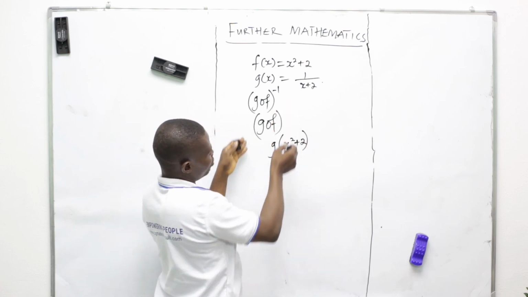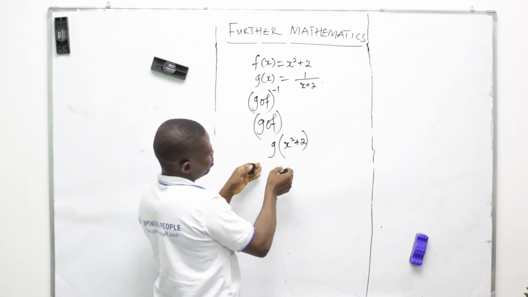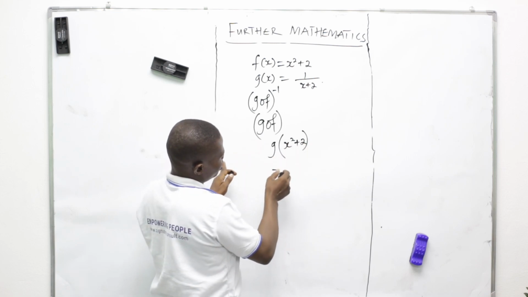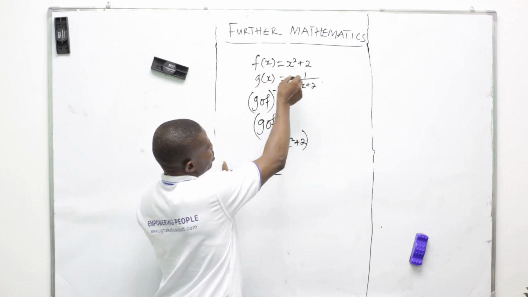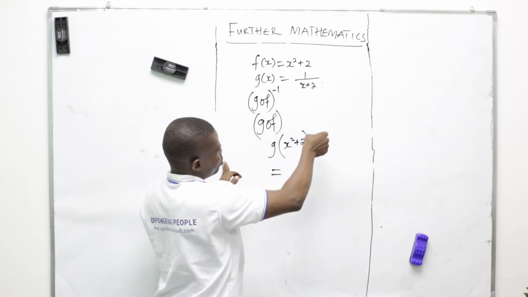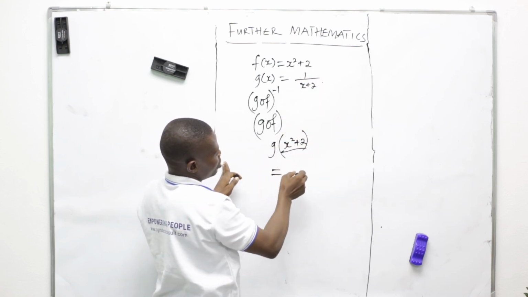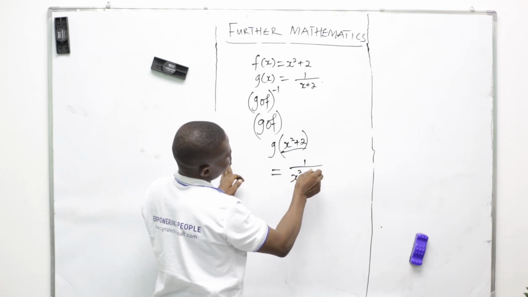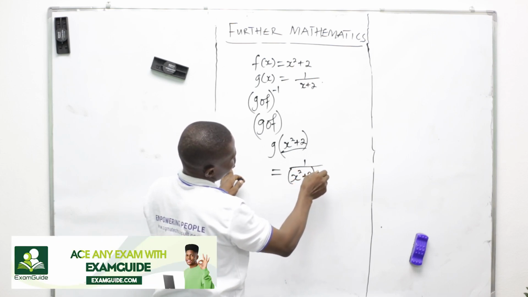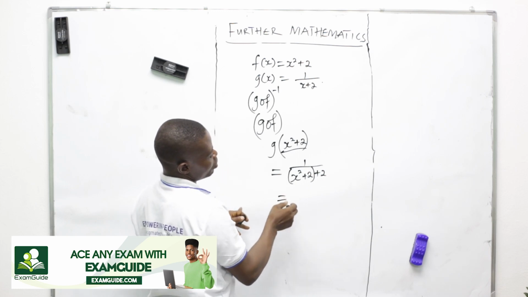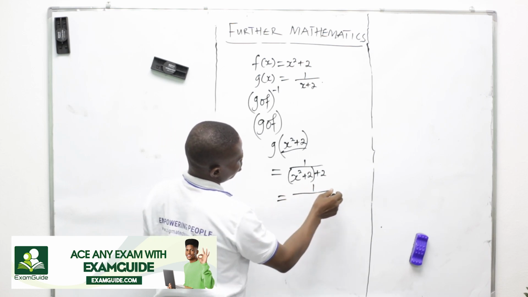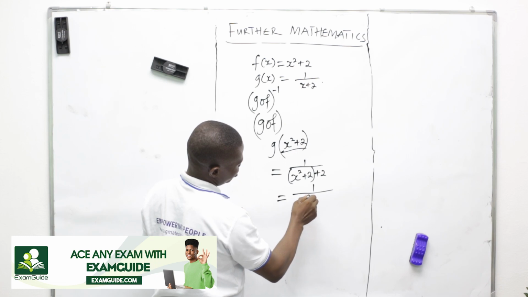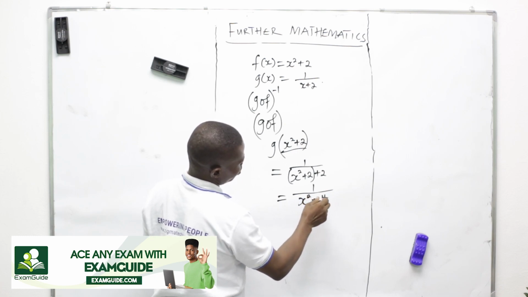Then let us involve the whole thing for g of x, meaning what is g of x? 1 over x plus 2. So what is x? x squared plus 2, plus 2, to give us 1 all over x squared plus 4.